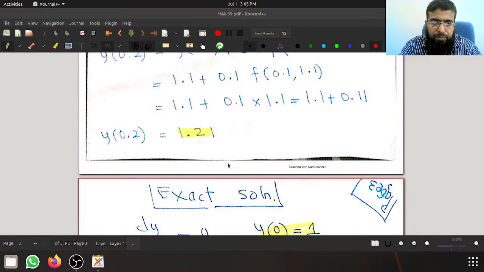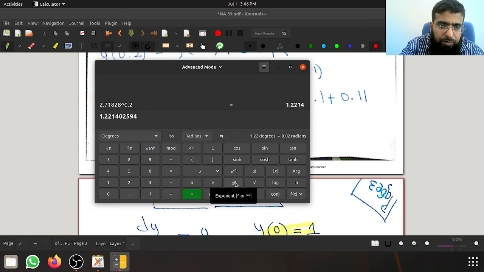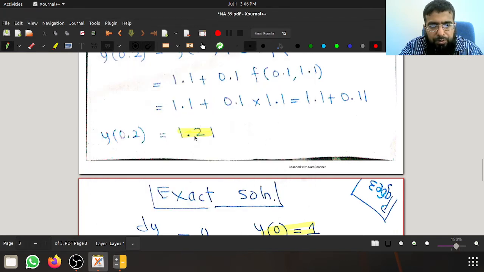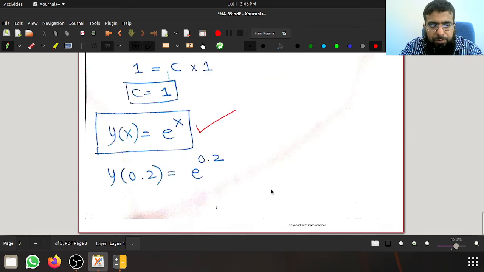Calculator, e to the 0.2, so e is 2.71828 to the power 0.2. So it comes out to be 1.22, whereas the approximate answer is 1.21. So the exact answer is 1.22.